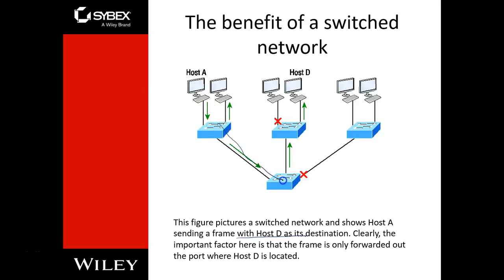It goes out this direction. It doesn't go over here because we're presuming that the MAC table has been populated, so it knows that host D is in this direction. And when it gets to this switch, it knows where host D is. When it comes in, it doesn't send it to this switch. So collision domains make it more efficient.